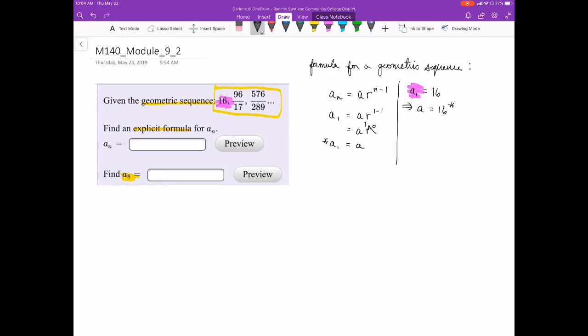Okay, so let me note that's one piece. This is the first part, we found a. The second part would be to find the ratio r. So we do know that a sub n is equal to a r to the n minus 1. And if I plug in what a is from above, that's just going to be 16 r to the n minus 1.